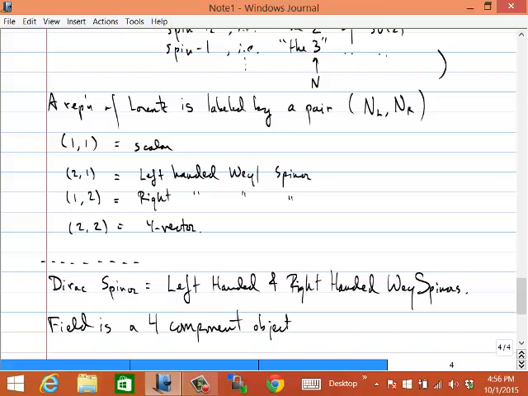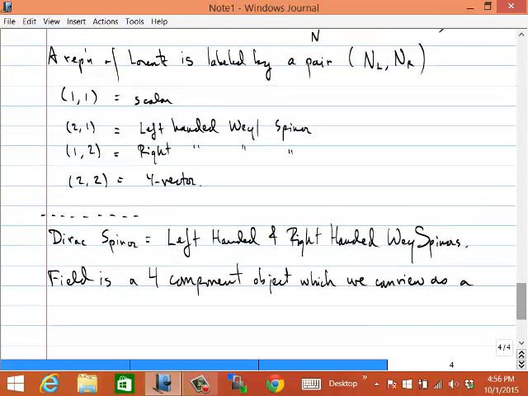It's a four-component spinor, which we can view as some sort of four-component column vector. And then using all of the machinery that I've introduced to you in class so far today, you could work out explicitly what the Lorentz transformations are acting on this four-component spinor.